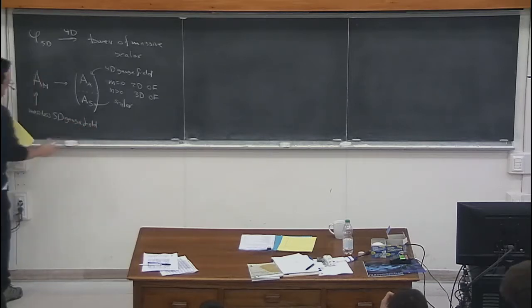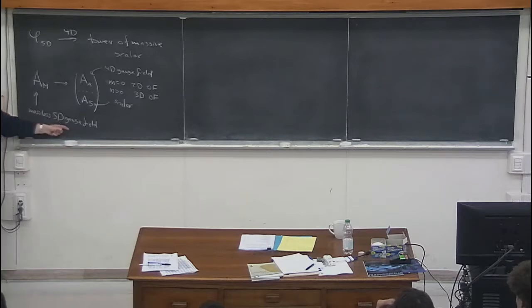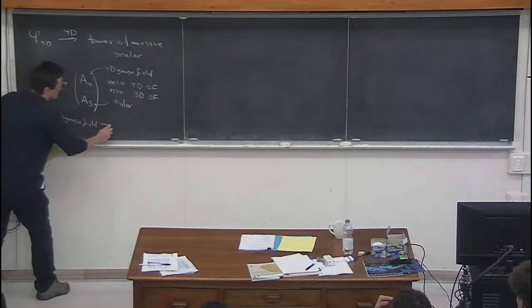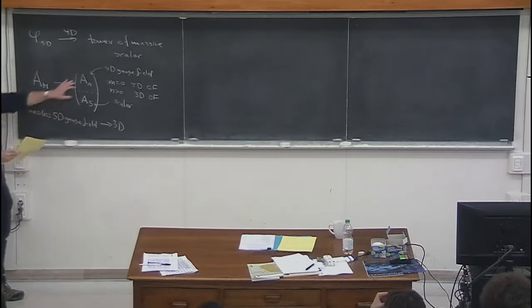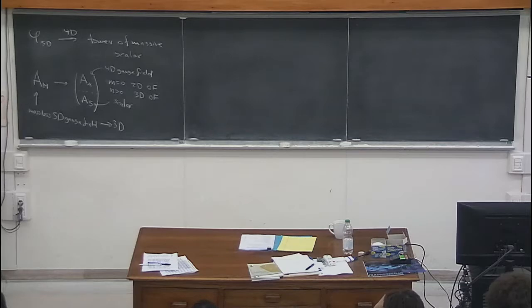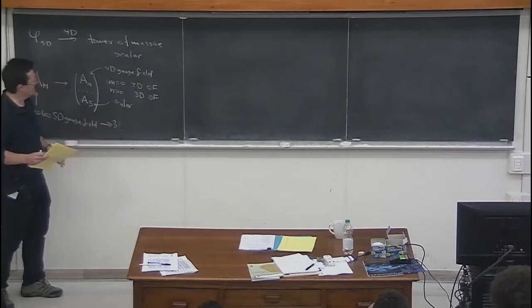That would be the analog of a massless 4-dimensional gauge field, which has 2 degrees of freedom. So in 5 dimensions, this one would have 3 degrees of freedom, the analog of the 2 transverse components in 4 dimensions. So a massless 5D gauge field has 3 physical degrees of freedom.